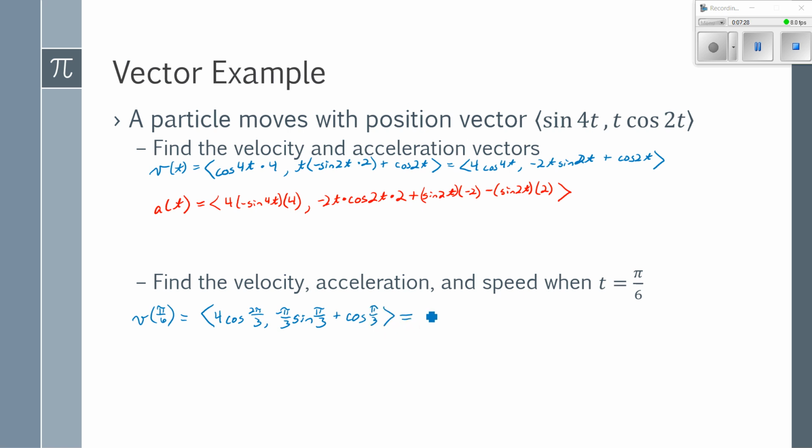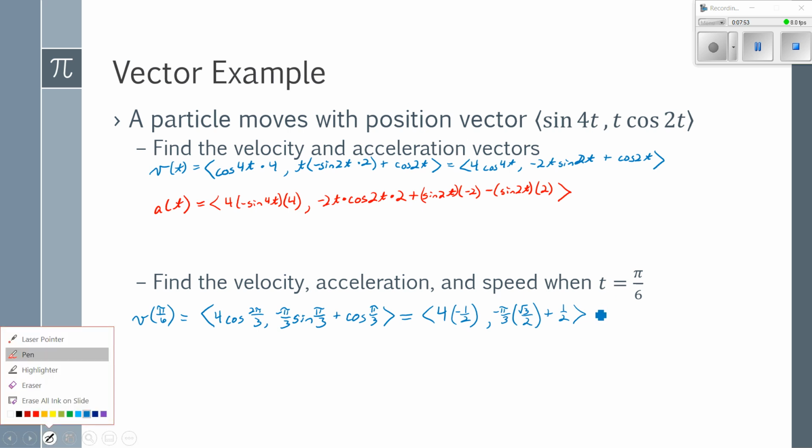And evaluating that, cosine of 2 pi over 3 is going to be negative 1/2. Then I have negative pi over 3. The sine of pi over 3 is rad 3 over 2. And the cosine of pi over 3 is a positive 1/2. And there is my velocity vector.